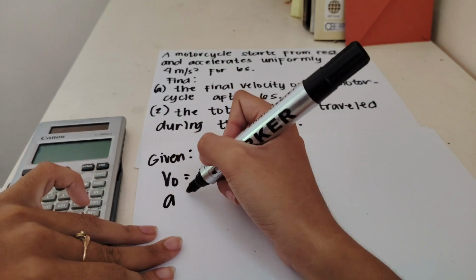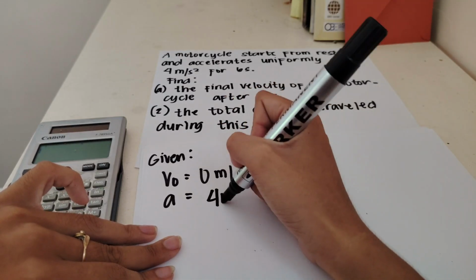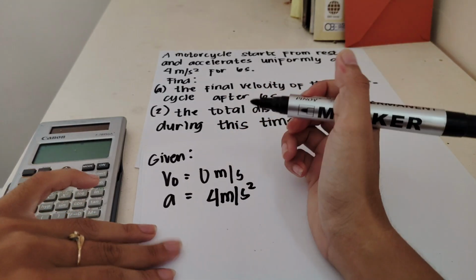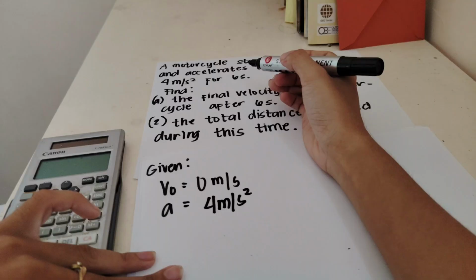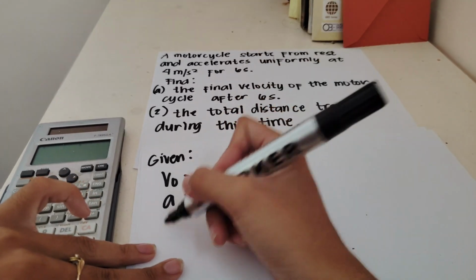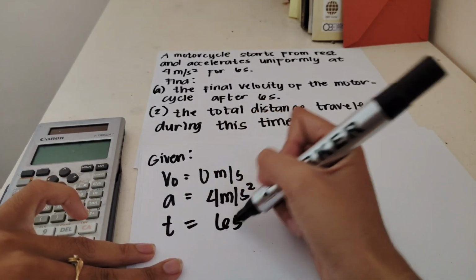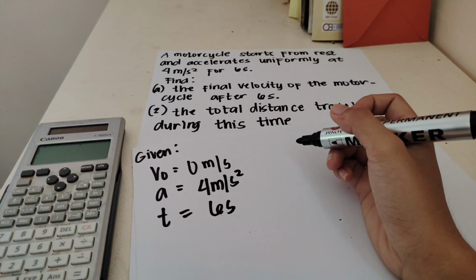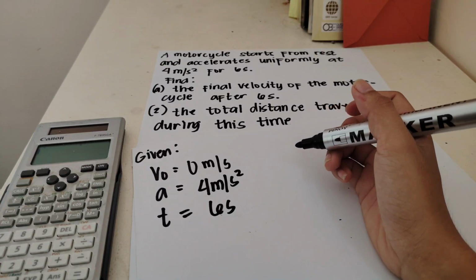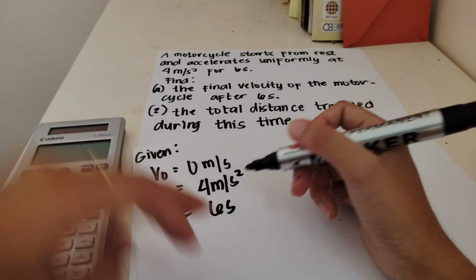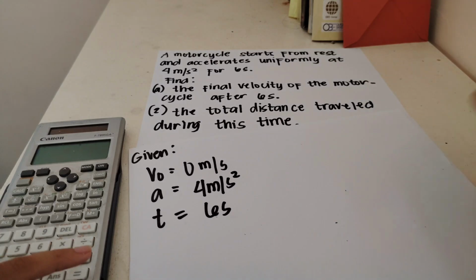The acceleration is 4 meter per second squared. And then we have the time of 6 seconds. So we are going to find the final velocity of the motorcycle after 6 seconds.